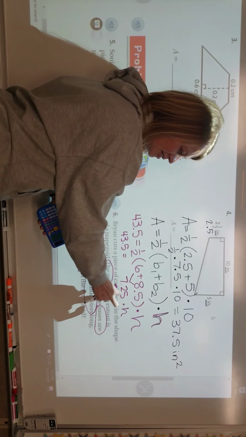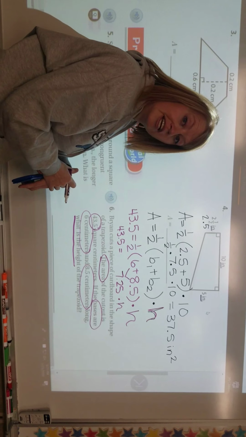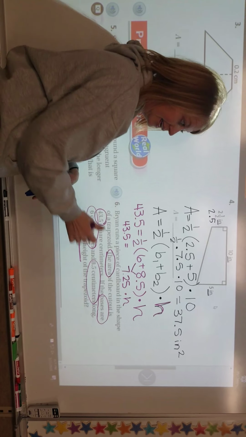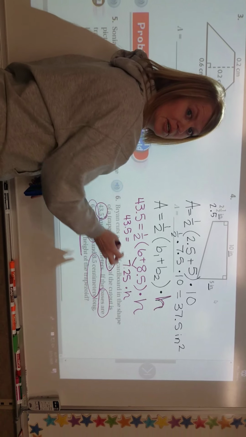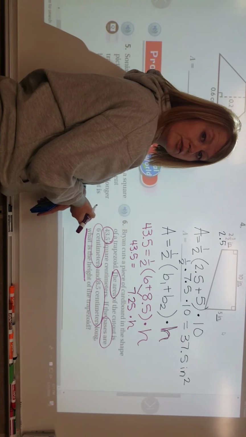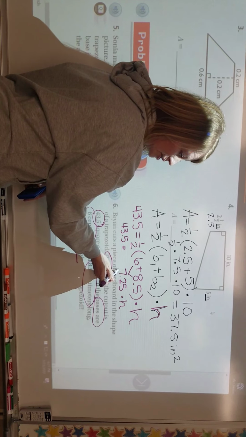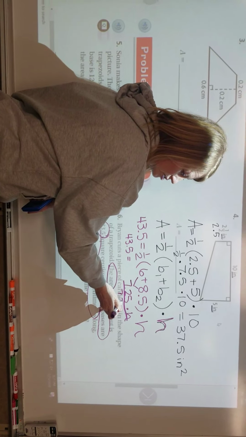Okay, and this, boys and girls, is a multiplication equation. And so to undo multiply and get rid of what's with that letter, we use an inverse operation. To undo multiply, we're going to use divide. We want to get rid of that 7.25, so we're going to divide both sides by 7.25.